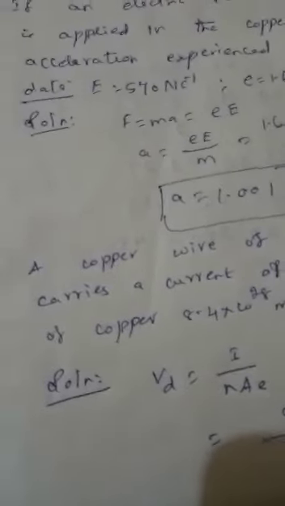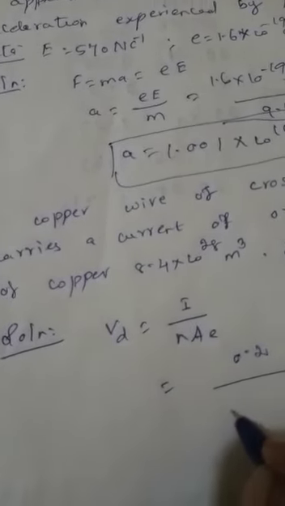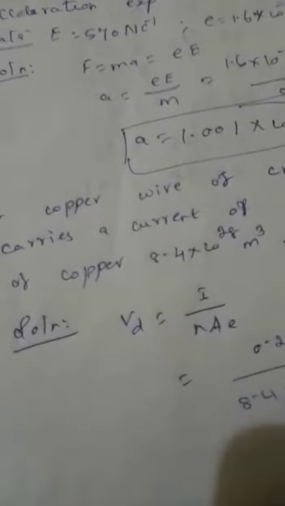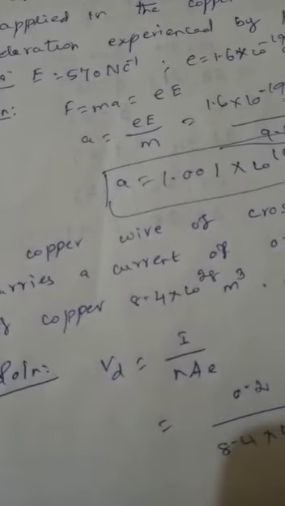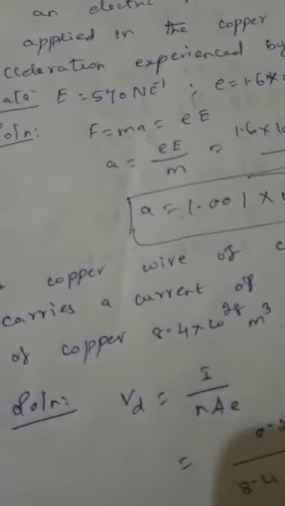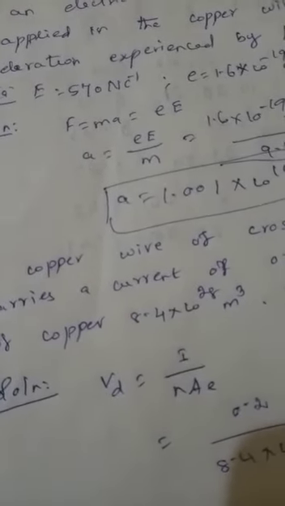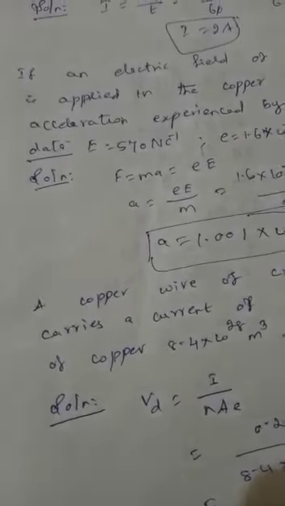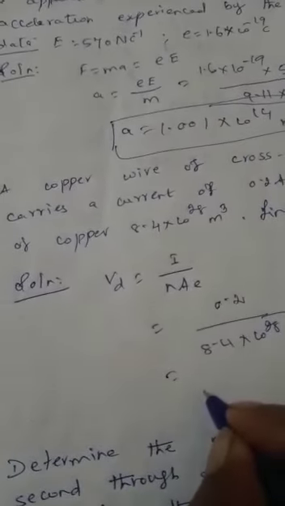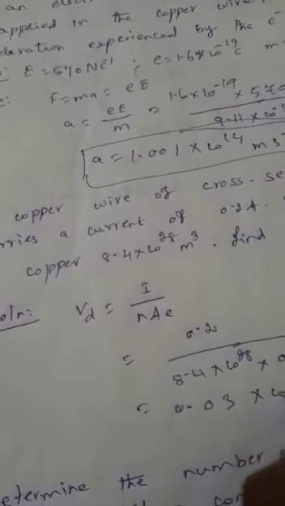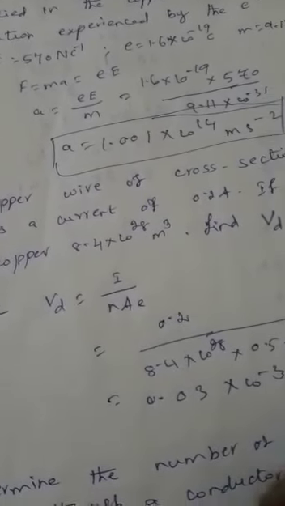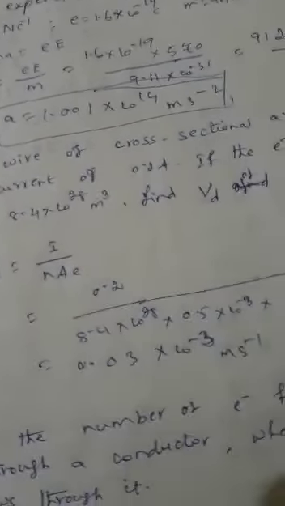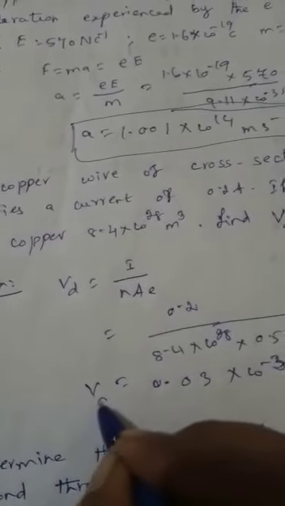Current is 0.2, electron density is 8.4 into 10 power 28, area is 0.5 into 10 power minus 3, e is 1.6 into 10 power minus 19. If you multiply and divide, we get the answer 0.03 into 10 power minus 3 meter per second. That is the drift velocity of the electron.